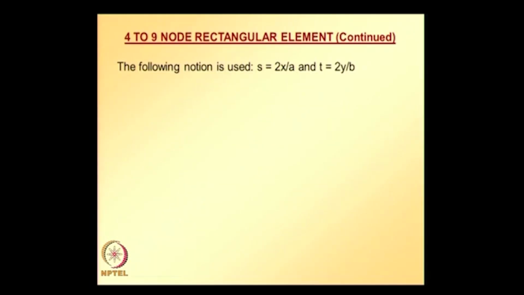So the following notation is used: s is equal to 2x over a, t is equal to 2y over b. So s and t are defined like this.